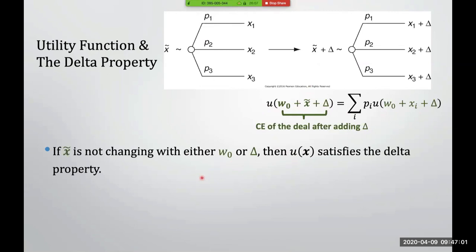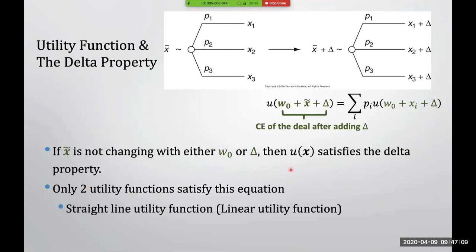And at the end of the day, you will find only two types of utility functions that can satisfy this condition. The first type is called a straight line utility function, also referred to as the linear utility function. And the second type is the exponential utility function. Okay, we'll look at how we apply both of these two types of utility functions, starting with the straight line utility function.